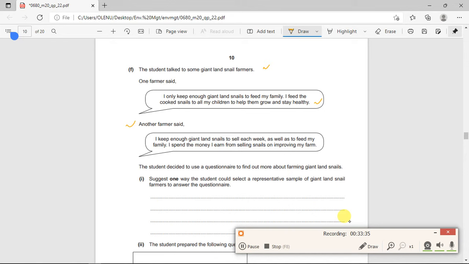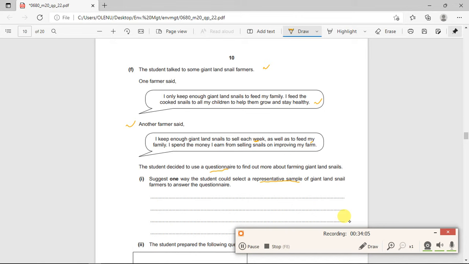Another farmer said, I keep enough giant land snail to sell each week, as well as to feed my family. I spend the money I earn from selling snail on improving my farm. The student decided to use a questionnaire to find out more about farming giant land snail. Suggest one way the student could select a representative sample of giant land snail farmers to answer the questionnaire.